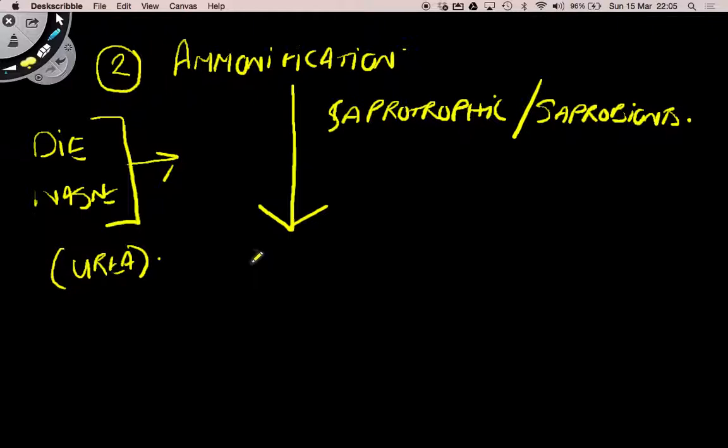And basically, one of the products of this saprobiotic nutrition is that they produce vast quantities of ammonia, NH3, or the ammonium ion. So this is two processes. We have fixation, which is providing ammonia, and then we have ammonification itself, providing ammonia.